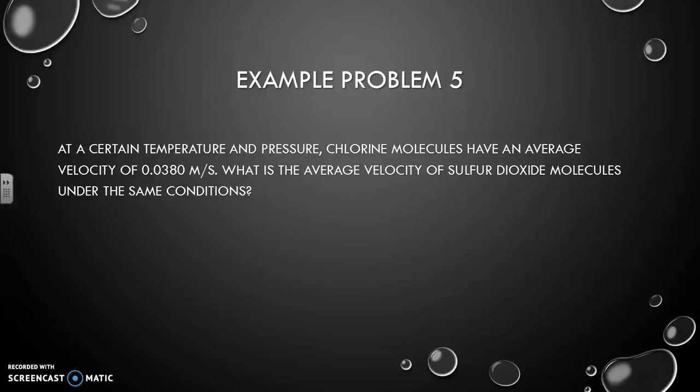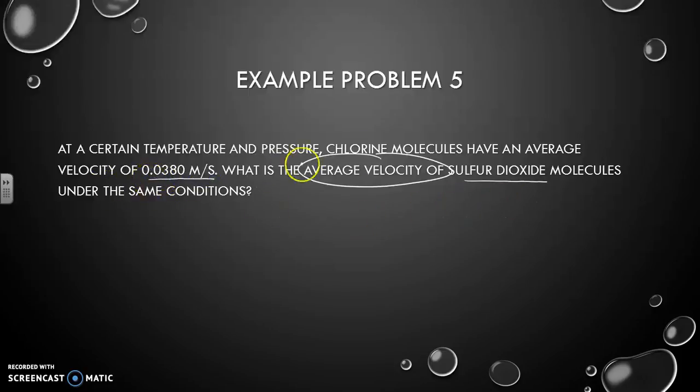At a certain temperature and pressure, chlorine molecules have an average velocity of 0.0380 meters per second. What is the average velocity of sulfur dioxide molecules under the same conditions?